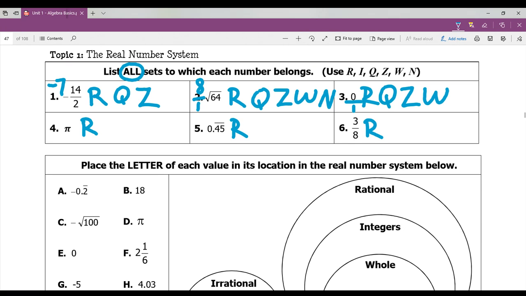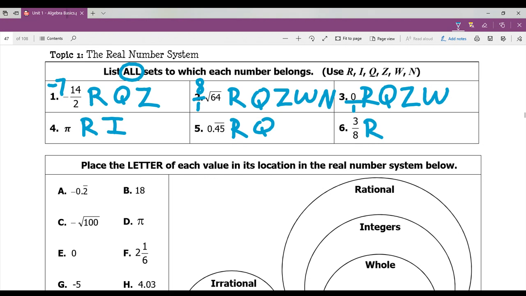Okay, now we got pi, probably one of my favorite numbers ever. Pi, as you all know, is some big god-awful decimal, which means it's irrational. That's as far as we go. 0.45. Now, this one's a little weird. It's going to be a rational number.